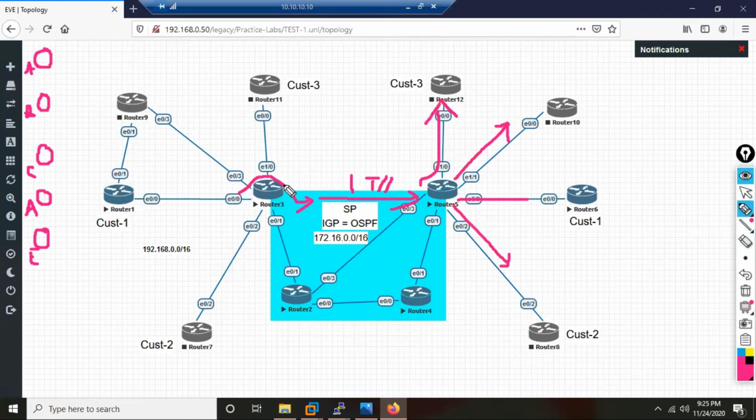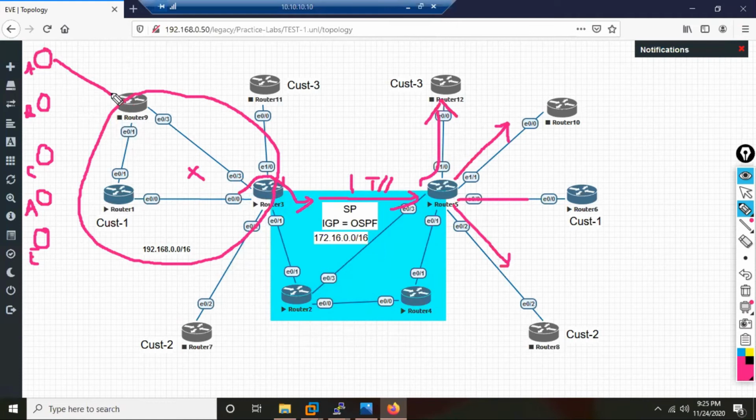This is R3. Let's say this is R9, this is R1, and this is R7.